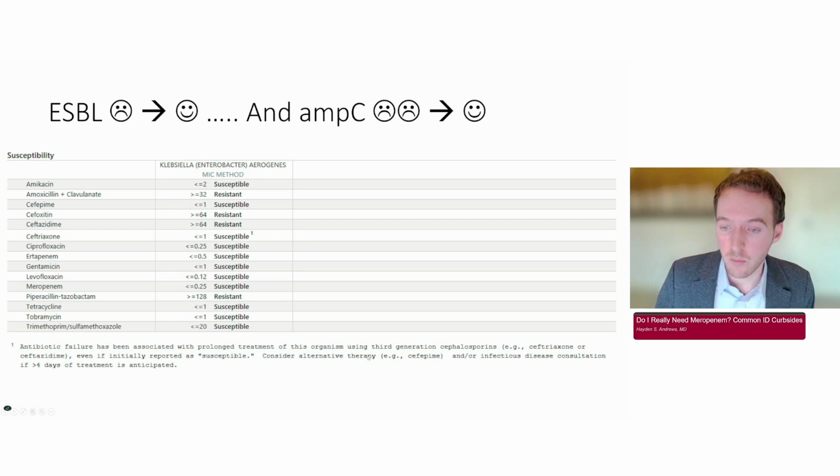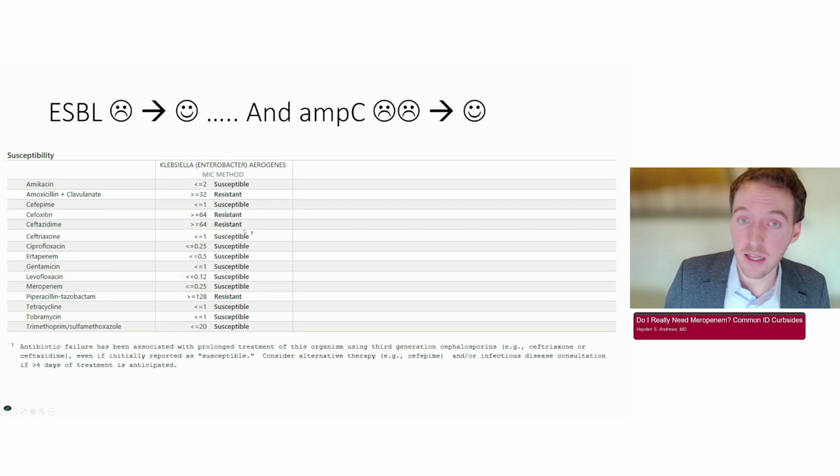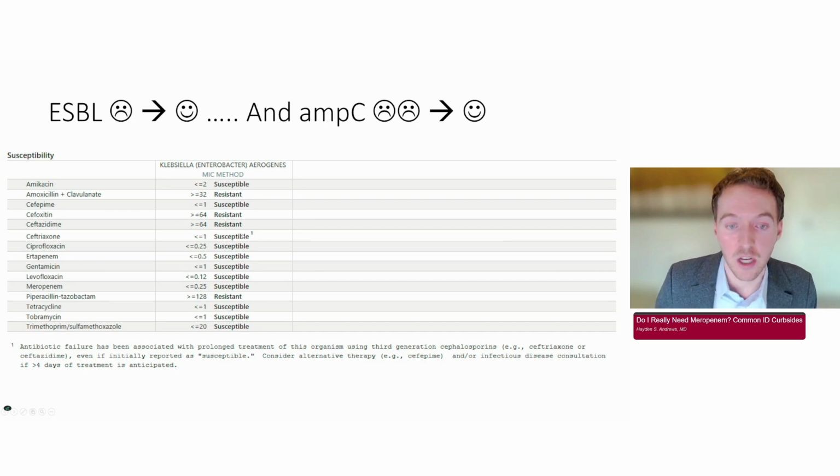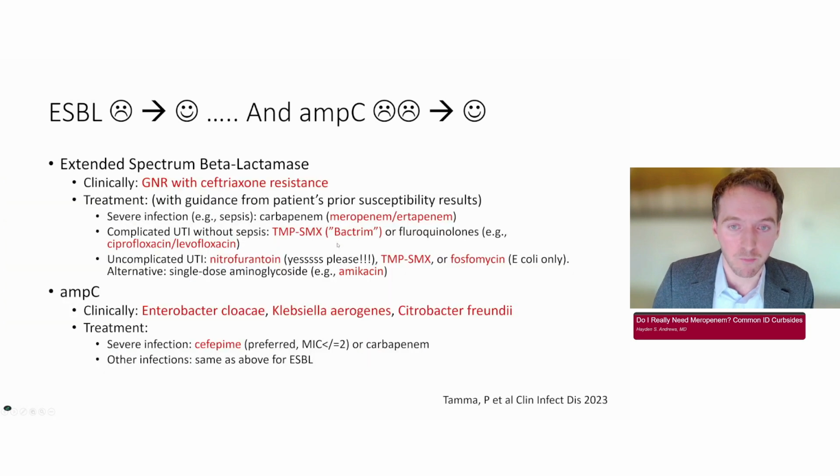This organism, when treated with ceftriaxone, even when it's susceptible, often has failure. Consider an alternative therapy if more than 4 days of treatment is anticipated. And so if your lab doesn't do this, I think this would be a great QI project or something to kind of flag for them. I think it's generally easy to implement, and I think it can help prevent us from having to remember when you have many other things to do.